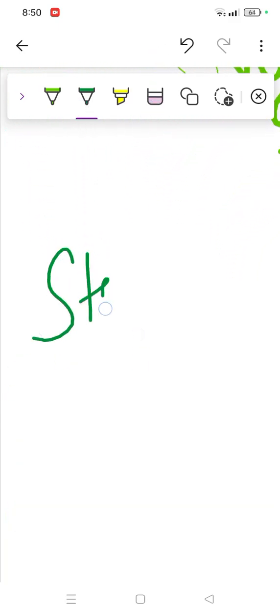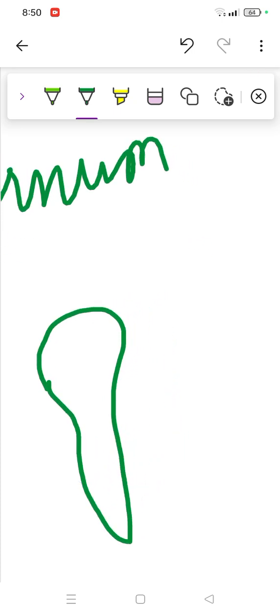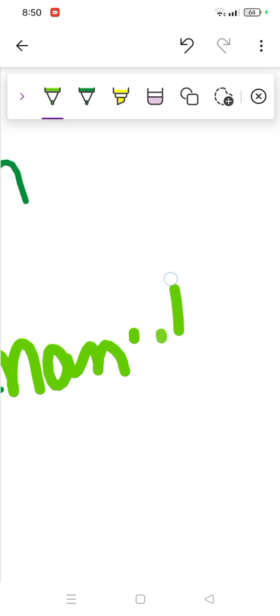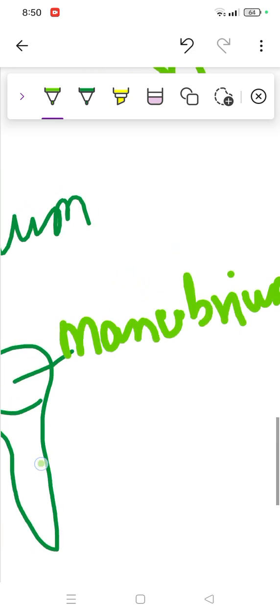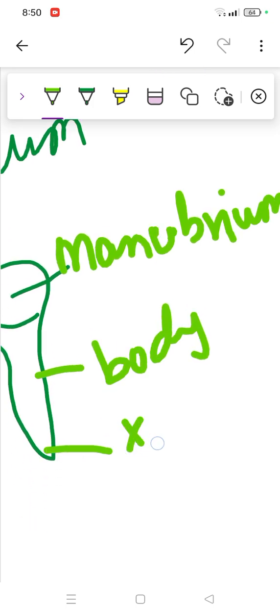Then comes the last one, the sternum. Let's count its parts. The sternum is this kind of structure in the middle, with different parts. The first one is called the manubrium. The middle one is called the body, and the last region is called the xiphoid process.